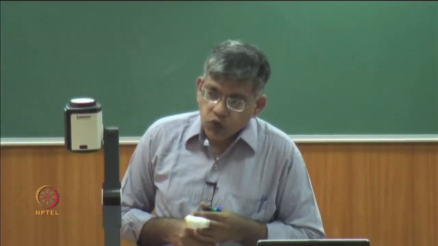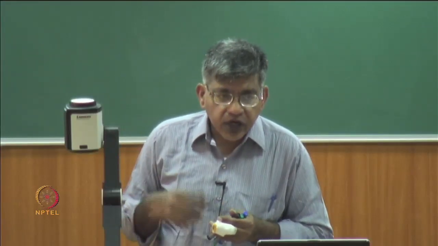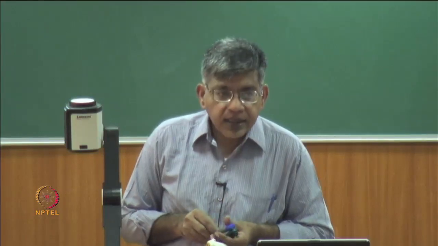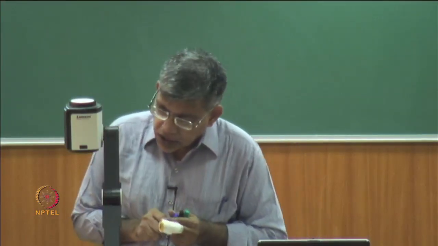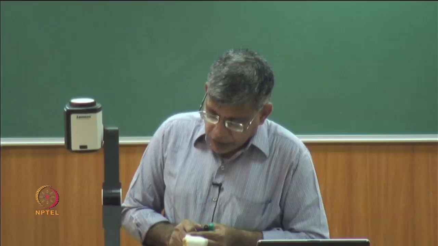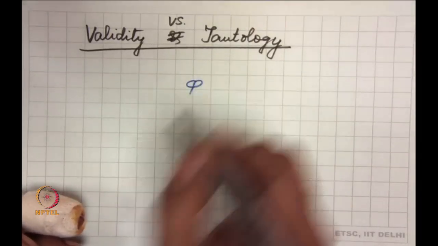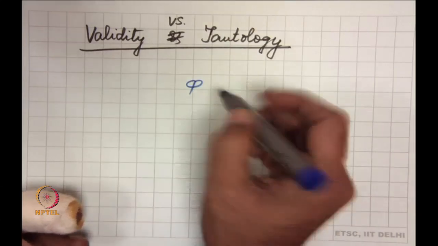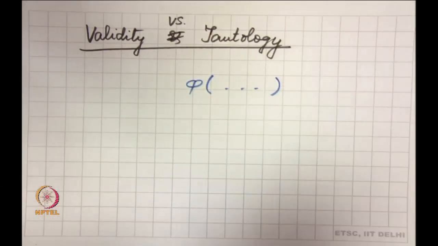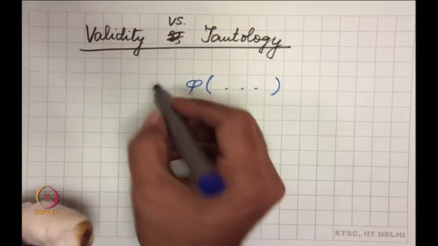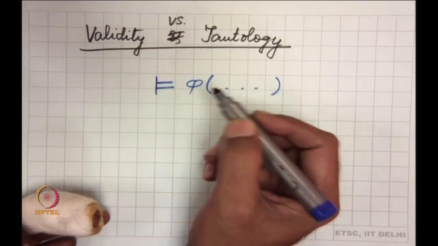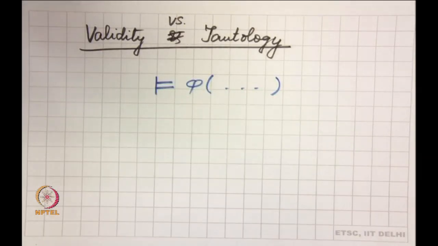So they are different in a certain sense, and that sense is that we would think of, let us say, a predicate phi which might have various free variables. Okay. We defined this as its validity, and basically we said that it is valid if for all sigma models, it is indeed true. Okay.